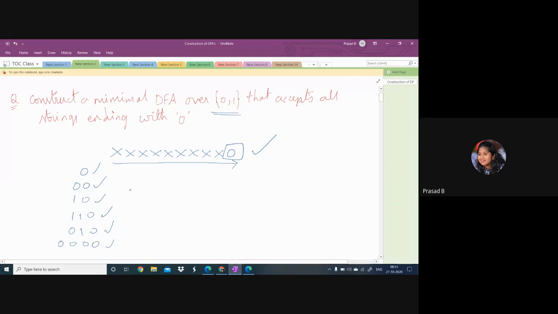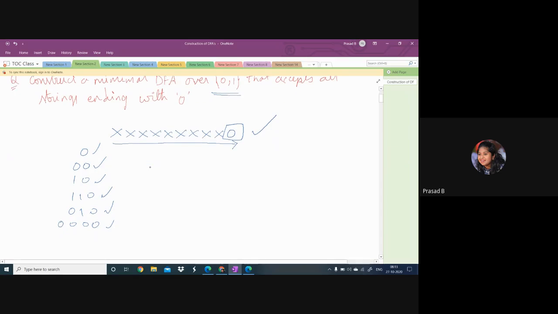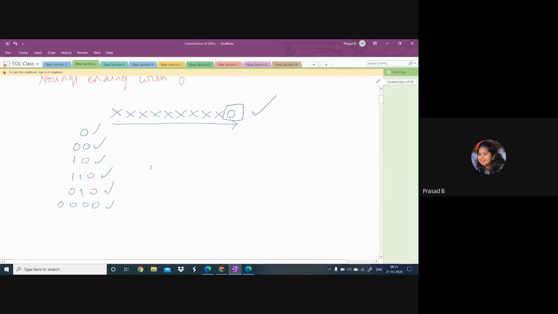So whenever you are constructing any DFA, first accept the smallest string. Here, this is the smallest string. Now, how can we accept a string by a finite automaton? By starting at the initial state. I repeat, starting from the initial state.